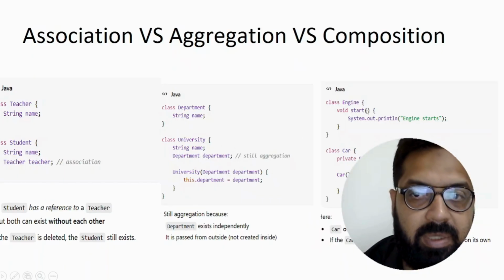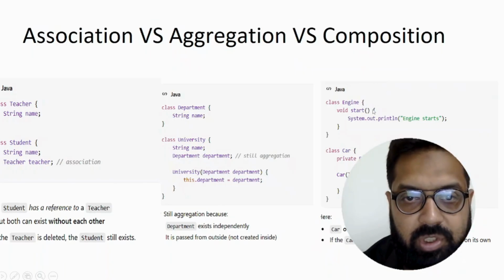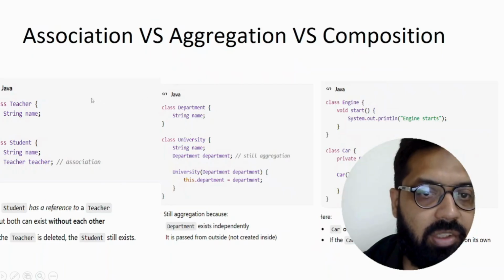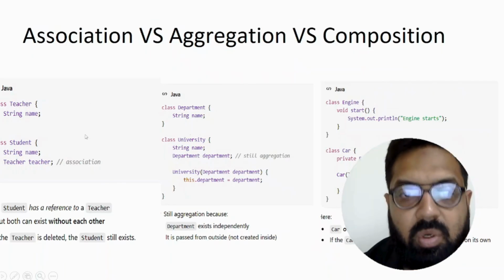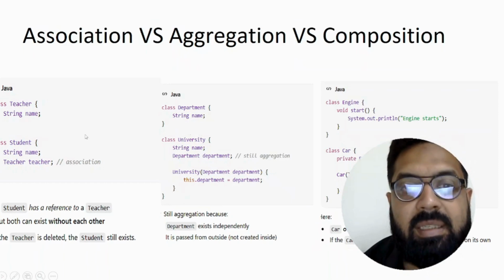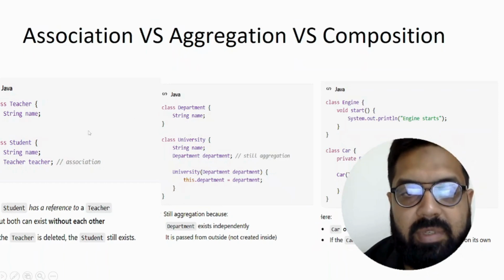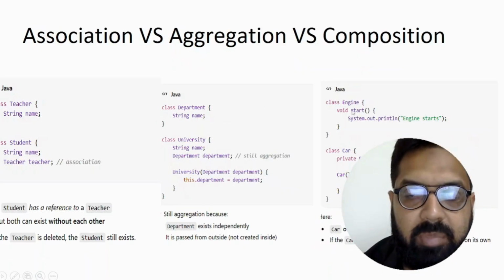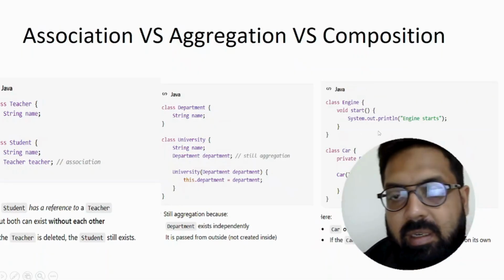In the third example, related to composition, you can see that the syntax for association and aggregation are almost the same. So there is no syntax difference, there is a logical difference while creating the relationship among different types of classes. So the third example is composition. You can take the example of engine and car.